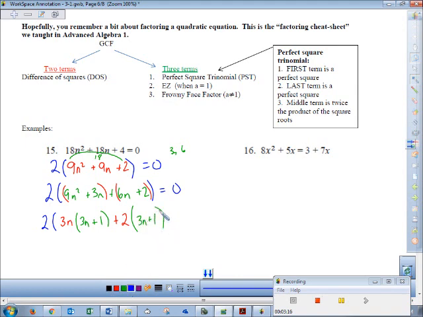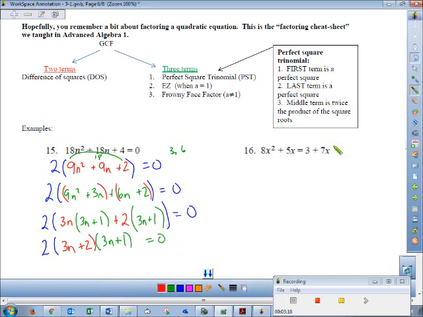Close that blue parenthesis up, and it's still equal to 0. And now we regroup. Mr. Blue 2 is still there. Red GCFs become a group of their own, and 3n plus 1, that common group, comes down for the ride. And now I use the zero product property to solve. There's actually 3 factors times each other.